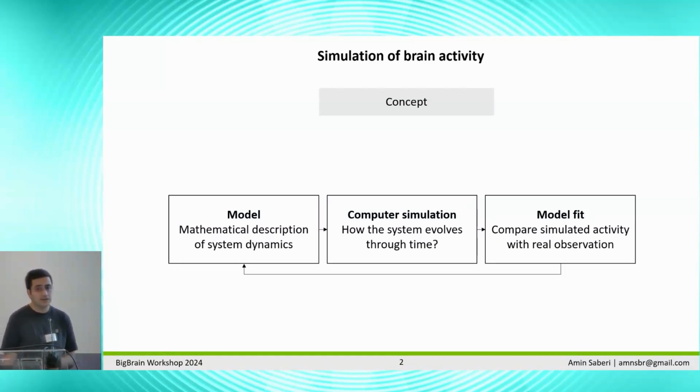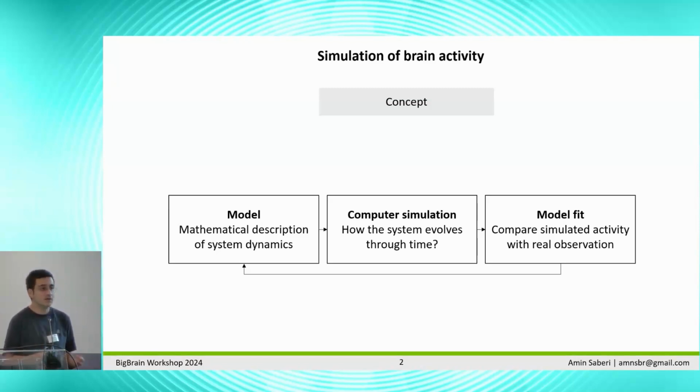And then the conceptual framework of how this is done at different levels is that we first start with doing some simplifications, some abstractions of the phenomenon or the component that we are studying. It could be a neuron, a brain region or a whole brain, and we describe its activity or dynamics by some mathematical equations.